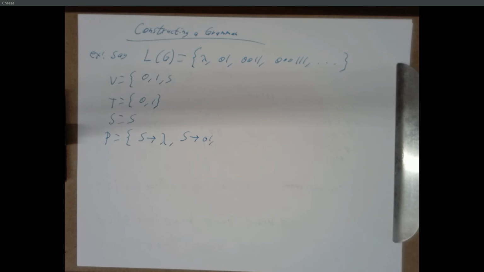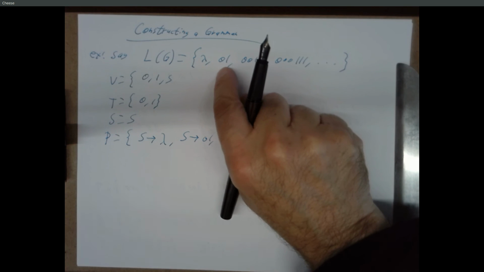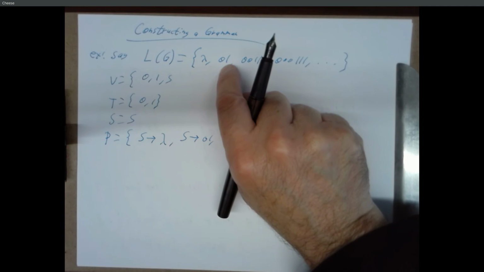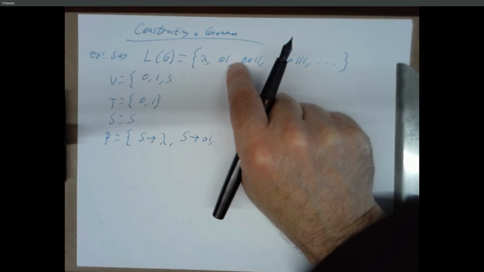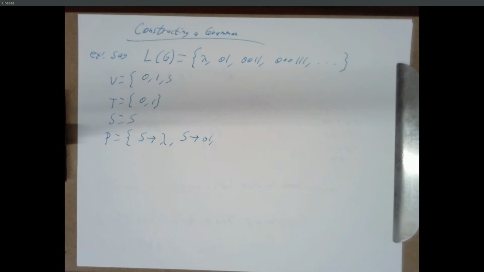We can have lambda turn into 01. If we let lambda turn into anything, that's going to be bad news, because we can think of this string 01 as 0 followed by an empty string followed by a 1. And we're going to start throwing stuff anywhere that we want.